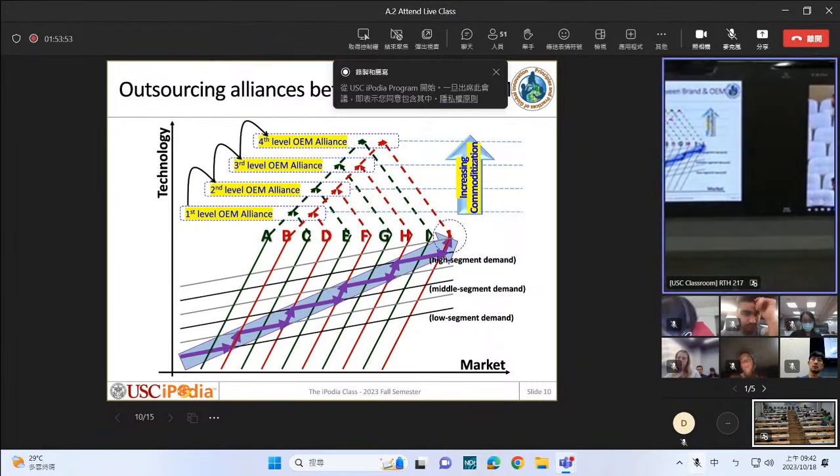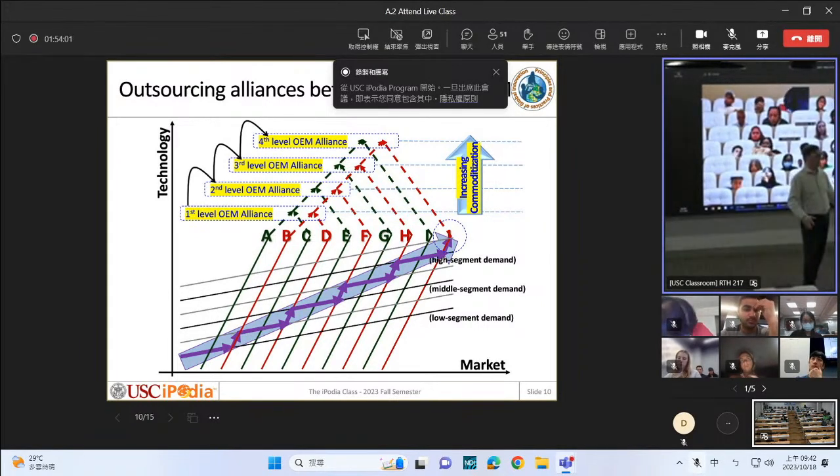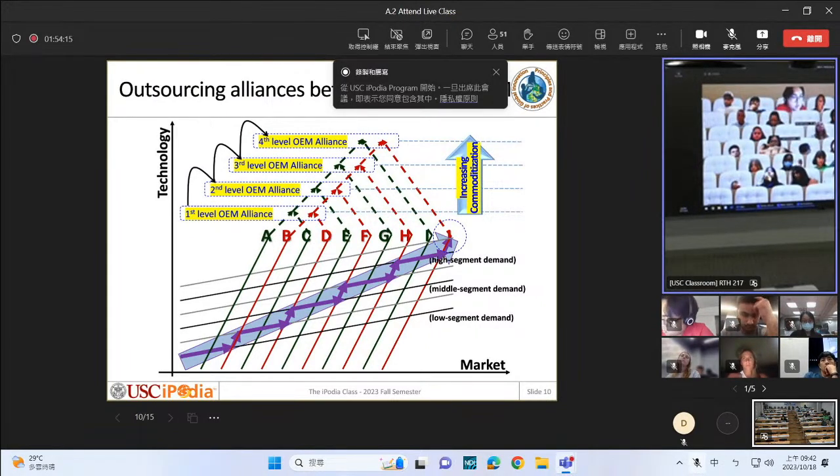He was the first OEM producer for Dell monitors, so he makes all the Dell monitors, big ones and small ones.